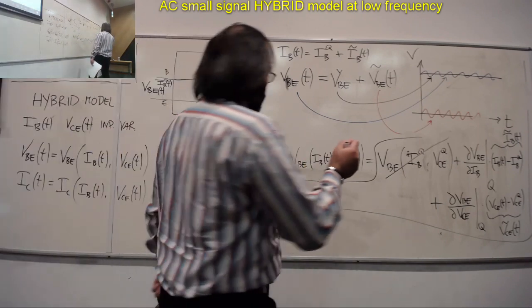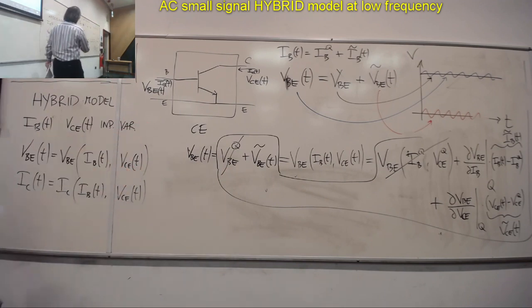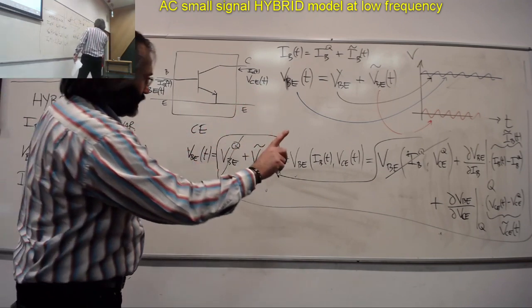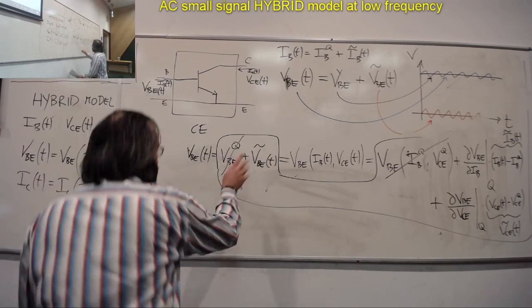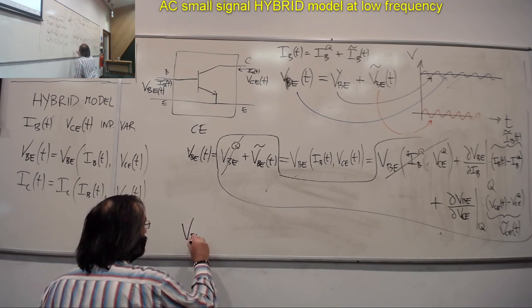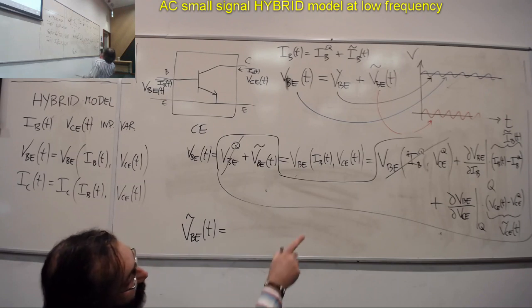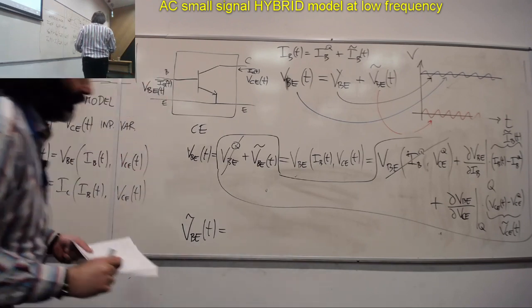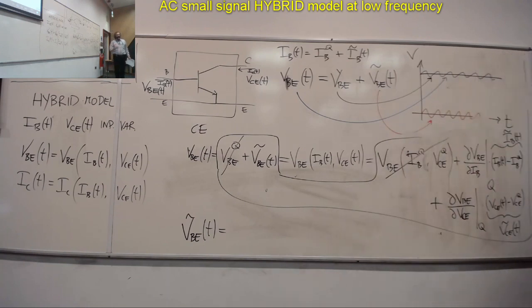I will need a lot of space now, so I will get rid of these. For this equation here, I can write it down here. I can write VB tilde equal to, let's start introducing some names.